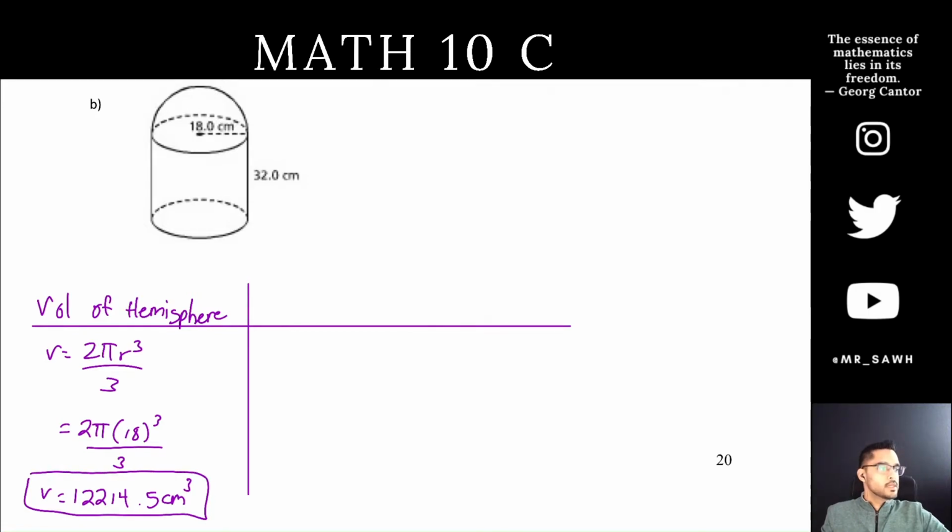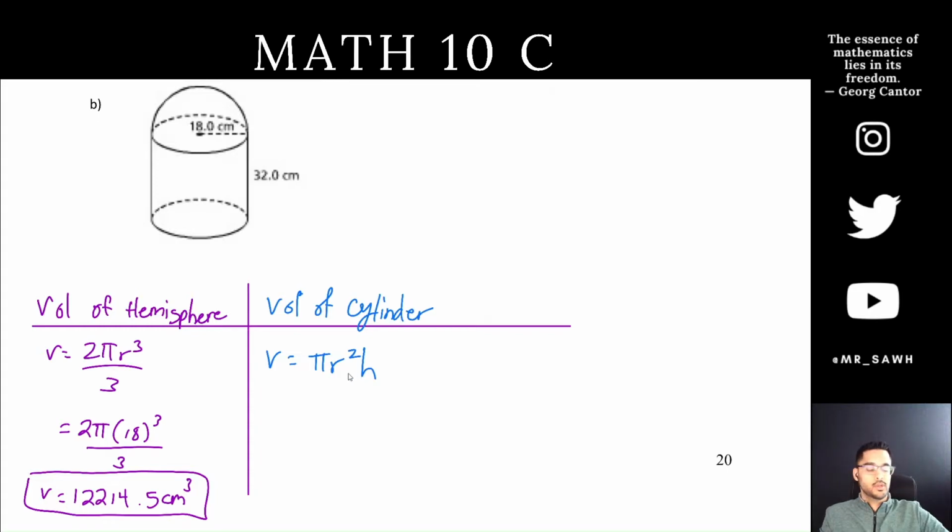And then we'll do the same thing, find the volume of our cylinder as well. So the volume of our cylinder. Well, the volume of the cylinder really is just the area of the base. Base is a circle, so pi r squared. And then we'll multiply by how tall it is. So multiply by height.